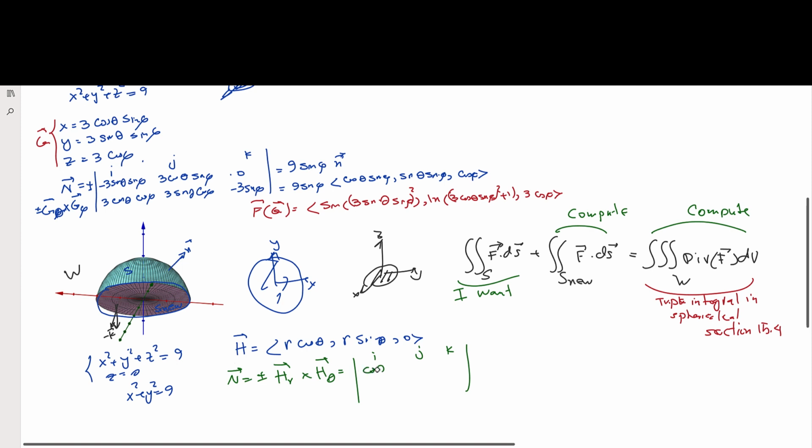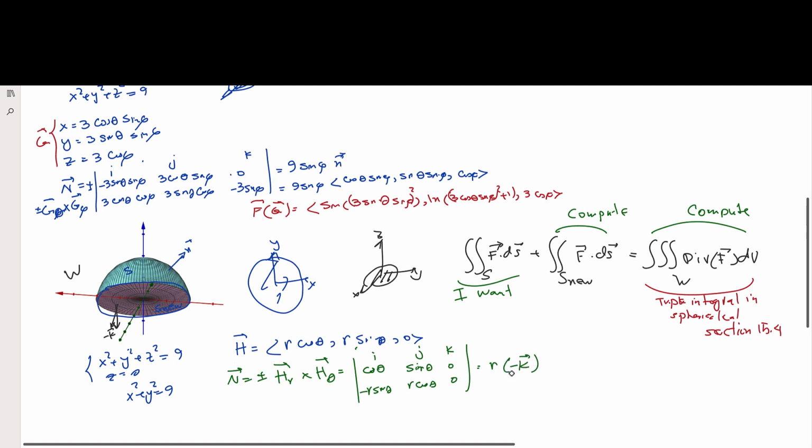Cosine theta, sine theta, and 0 with respect to r, and then this with respect to theta. If you compute it and simplify, and simplification is very important, you get r times the negative k.